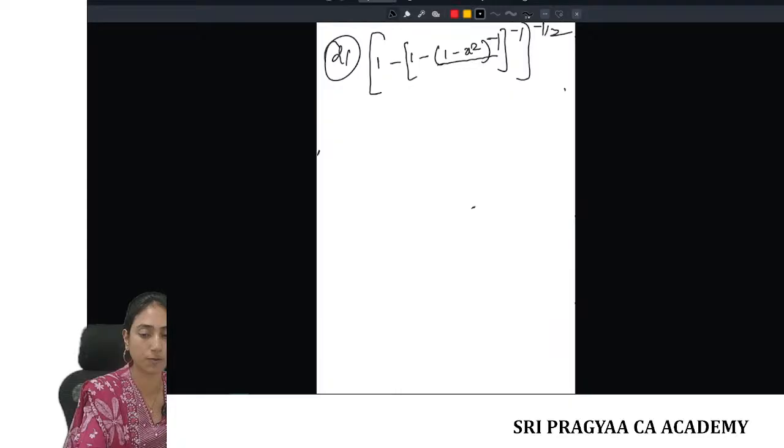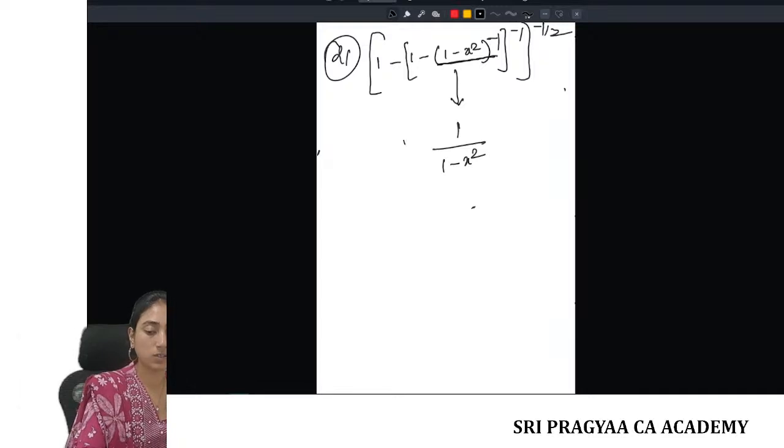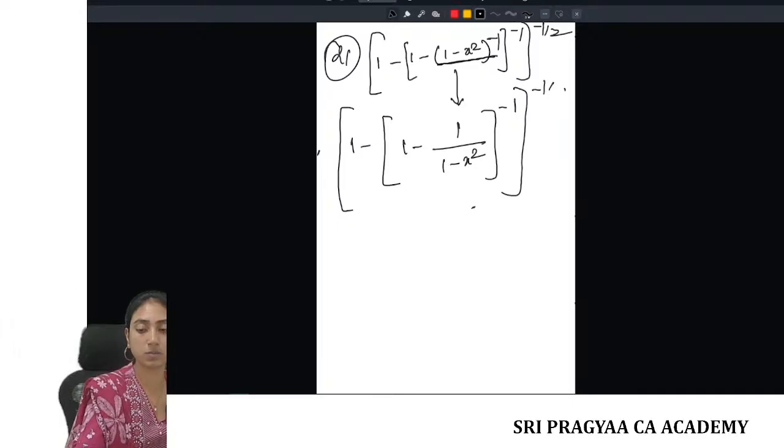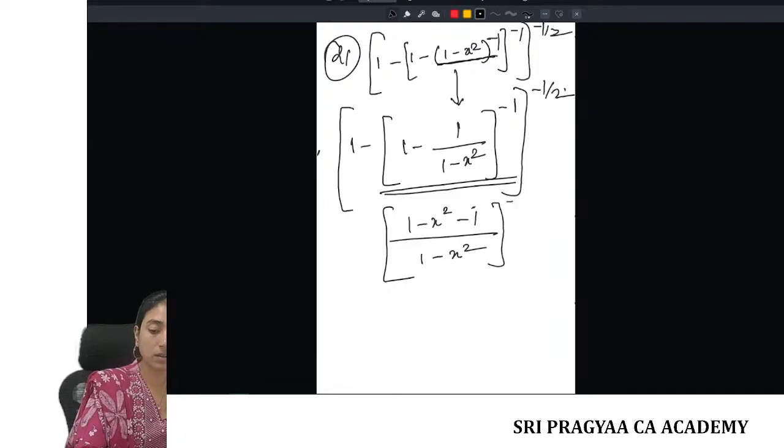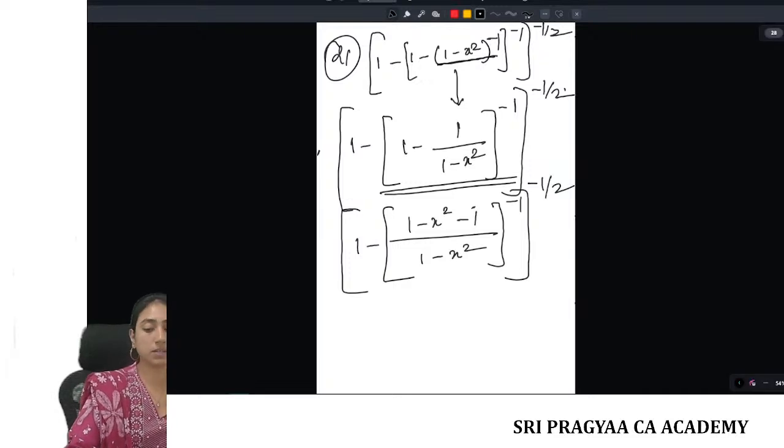So this will be your first term, 1 by something. Here you have minus 1 raised to the power of minus 1, 1 minus the whole thing raised to the power. Now this is your second term. Here take LCM: 1 minus minus 1 divided by the whole thing. Are you with me till this?